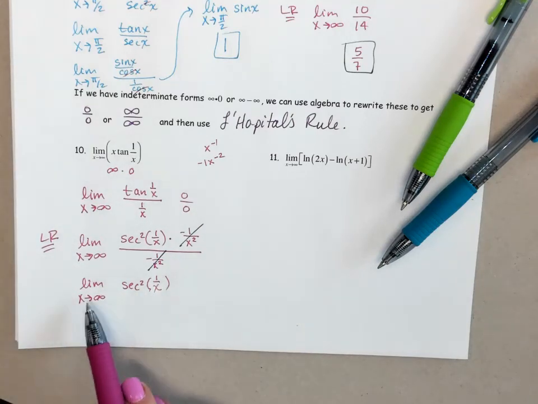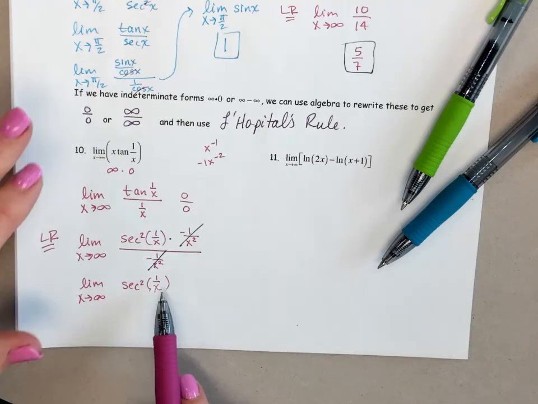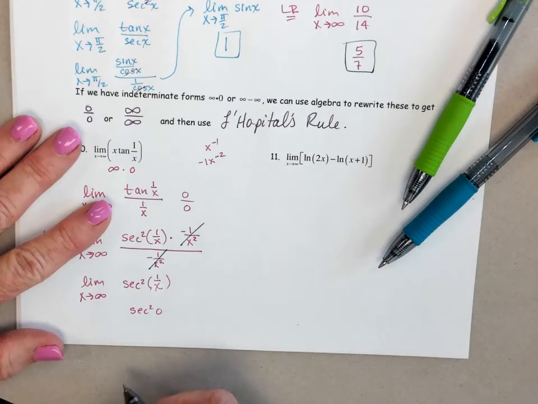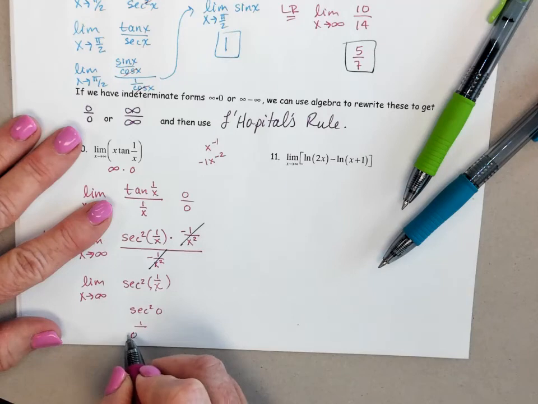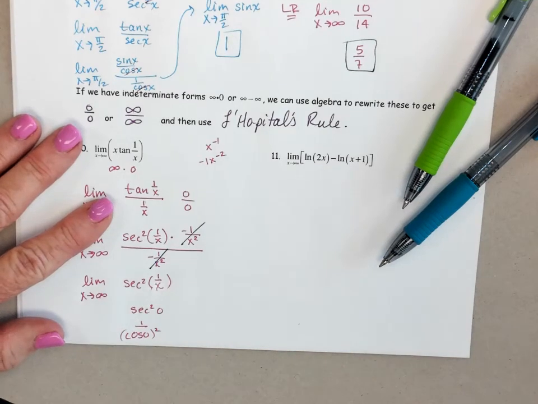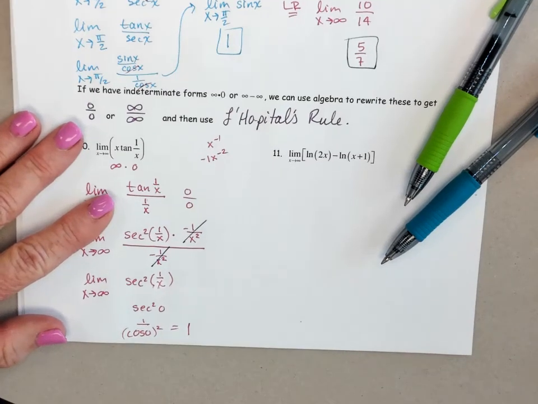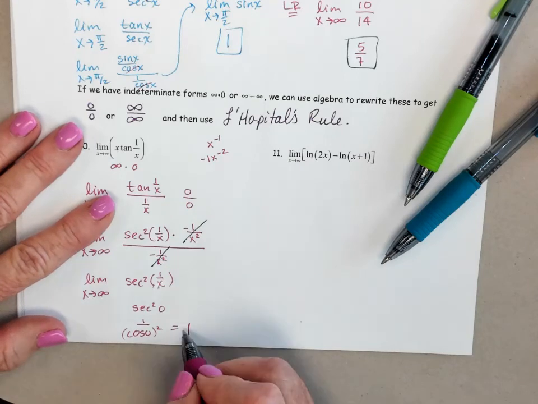So if we substitute in now, we get 1 over infinity, which is 0. So this is like secant squared of 0, which is 1 over cosine of 0 squared, which is 1. Done.